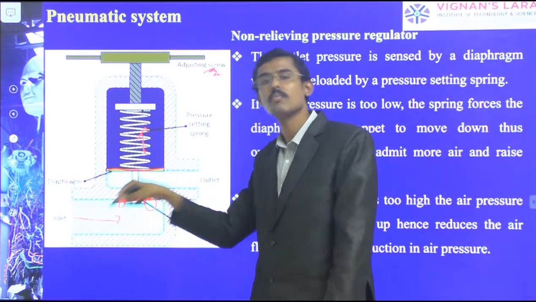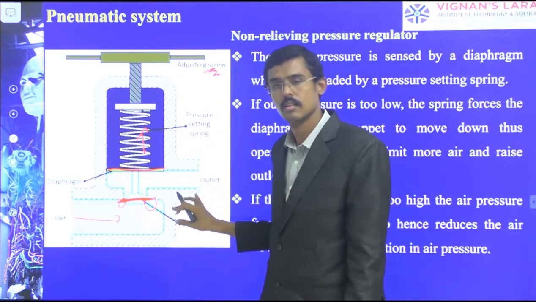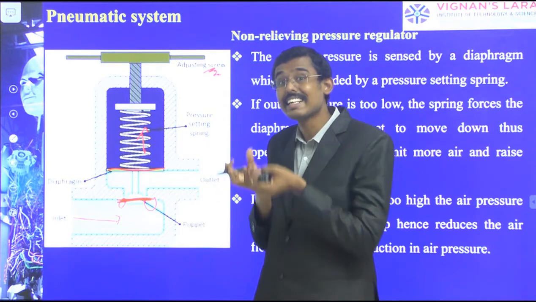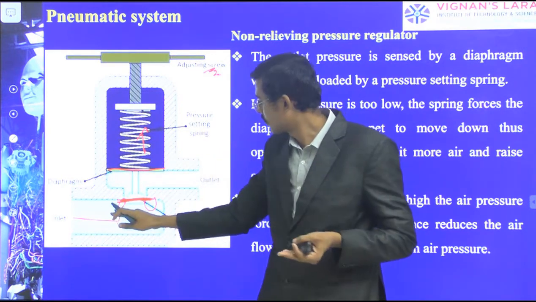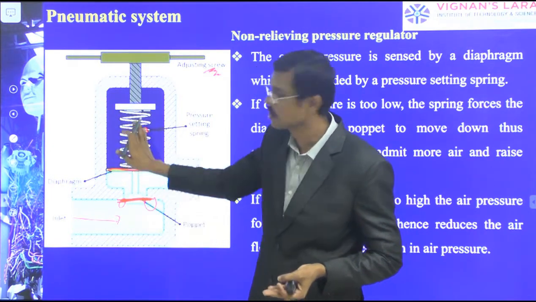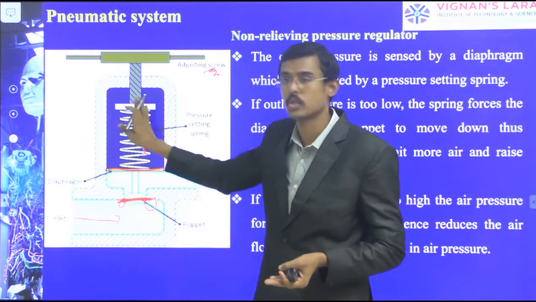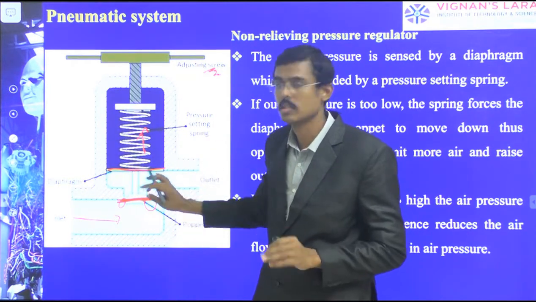Therefore, the flow won't be there. Specifically, I need one amount of flow rate. When the pressure is increased, relief should be stopped there. If the pressure increases, it is going to push the diaphragm. The diaphragm is pushed, and along with the spring, it is going to push up. Then it is going to stop the force and it will stop there.